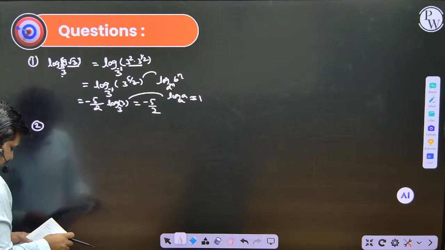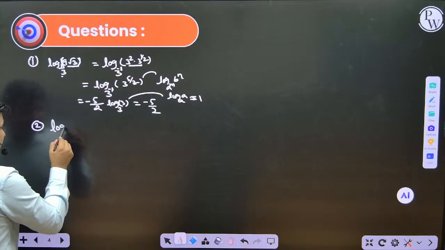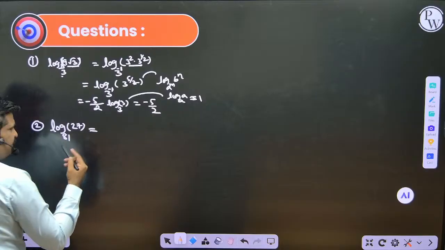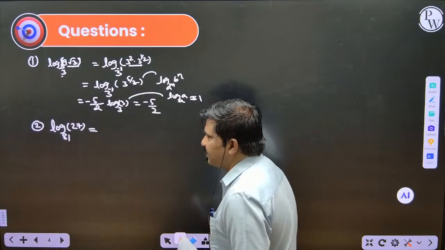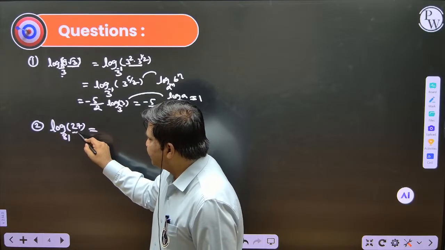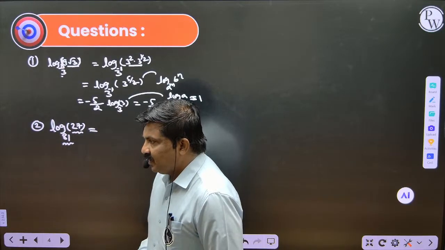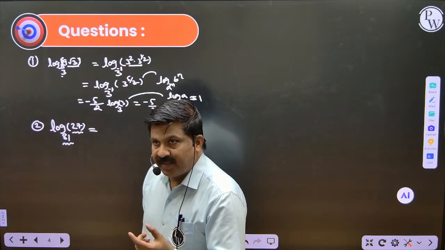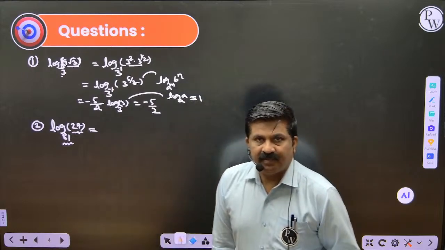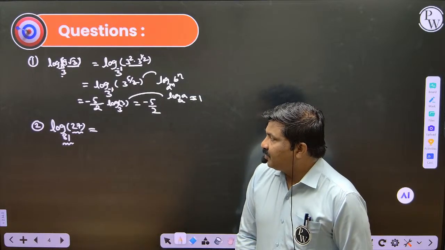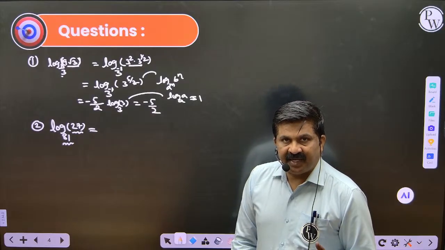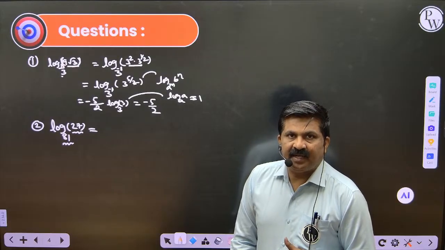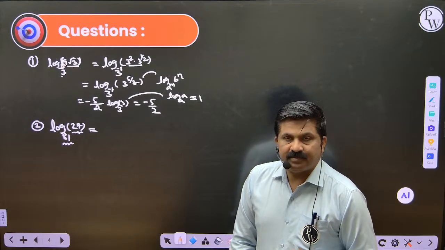Second one, see here. Log of 27 to the base 81. To solve this kind of problem, number is 27, base is 81, better you write the number and the base to the same power.